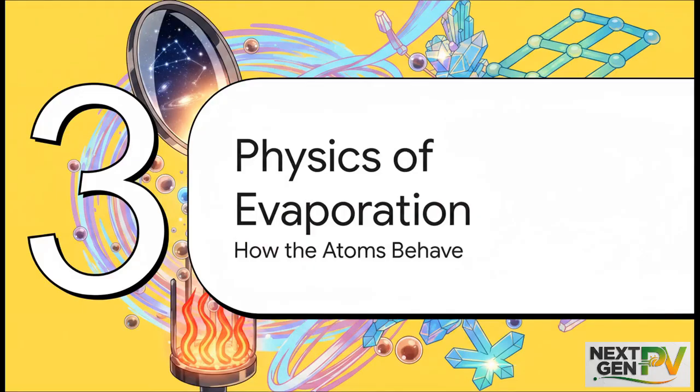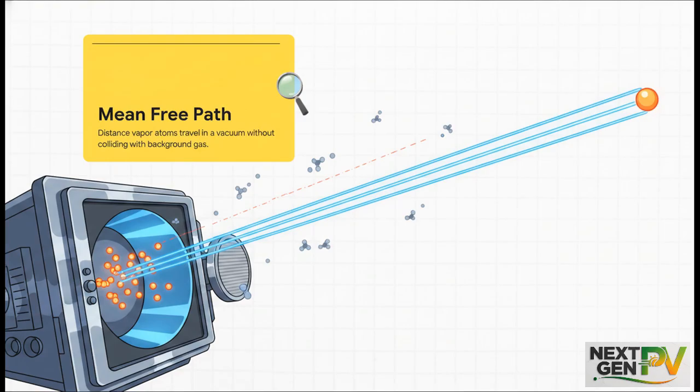Let's transition into Section 3, the physics of evaporation. So the absolute secret sauce of thermal evaporation is a physics concept called the mean free path. This is simply the distance an atom can travel before it crashes into a random background gas molecule. In normal everyday air, an evaporated atom wouldn't even make it a fraction of a millimeter before slamming into oxygen or nitrogen and totally losing its trajectory.